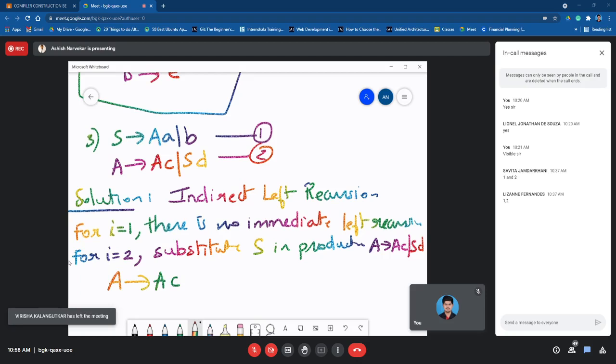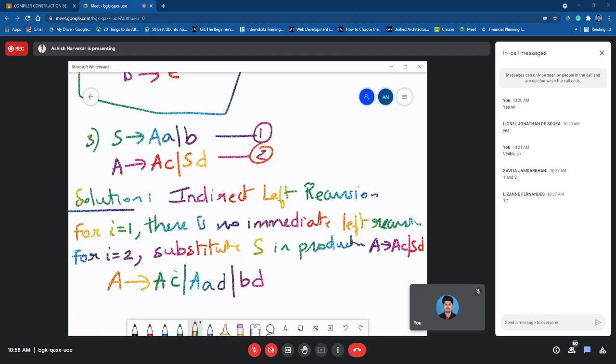So S we have to substitute. S has two right hand sides, capital A followed by small a, or B. So first put the first one. So what we'll get is AD, that substitution we have done, or small b followed by D. Okay.